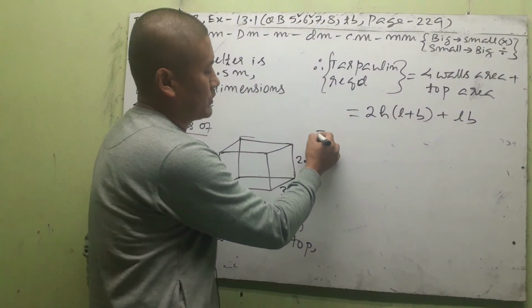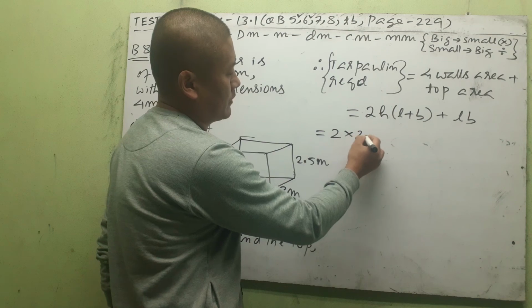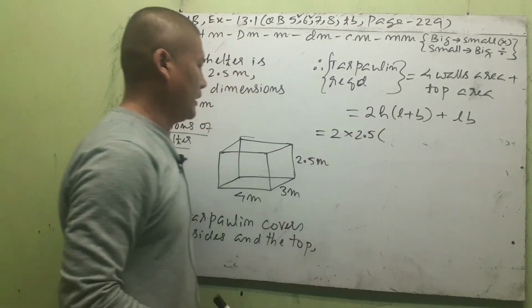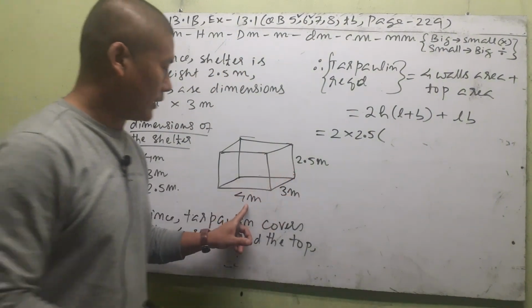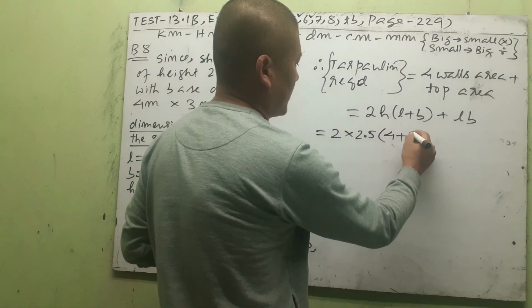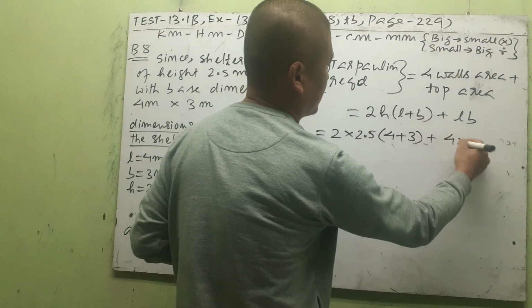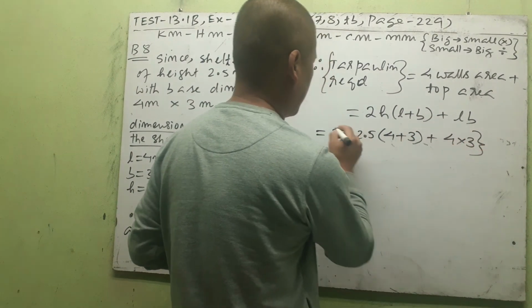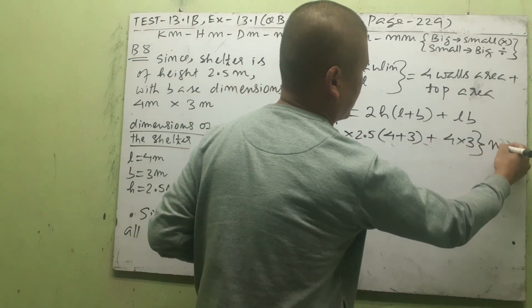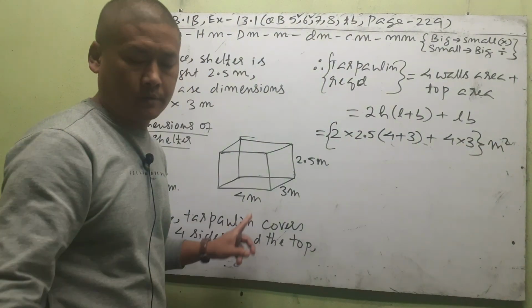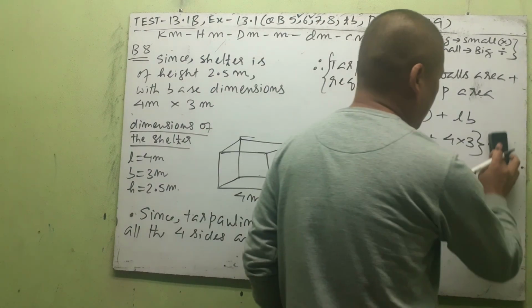So now we can put here 2 into 2.5 because h is 2.5, L is 4 plus B is 3, plus 4 into 3, and we put a second bracket and put here meter square.